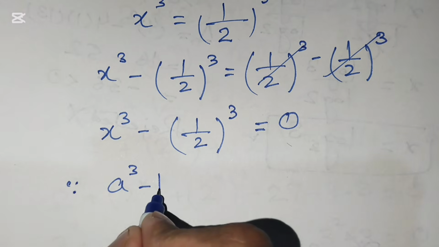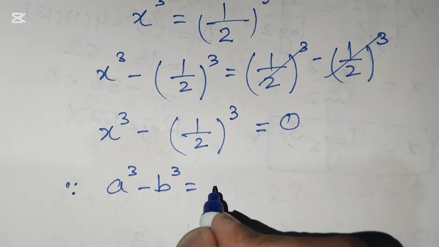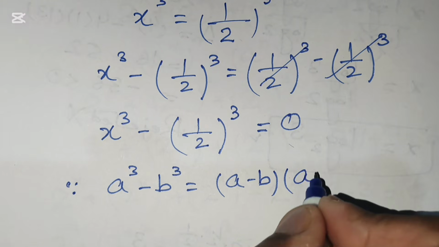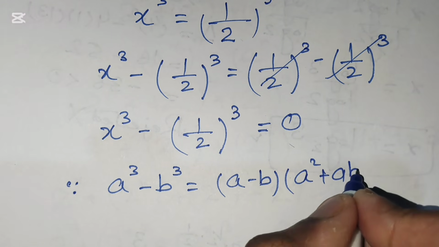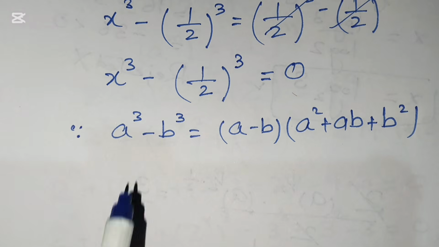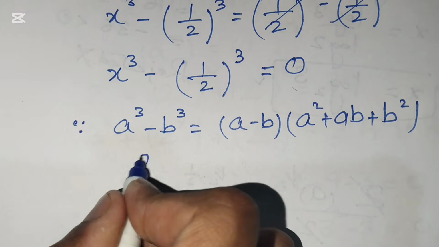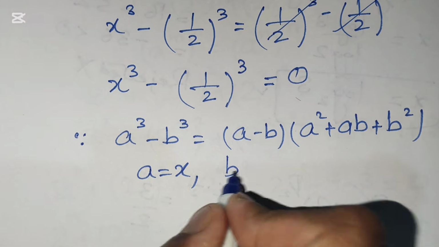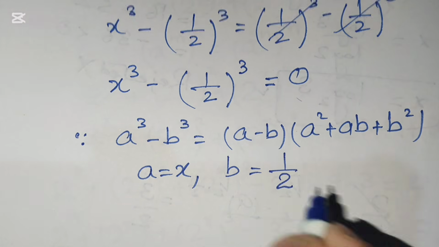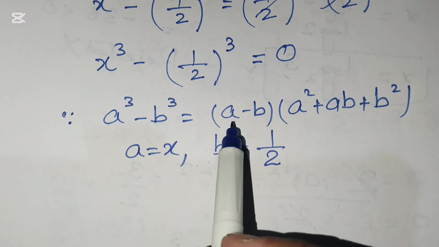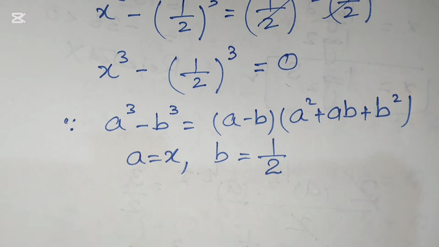We know that a cube minus b cube is equal to (a minus b)(a square plus ab plus b square). Here in our case a is equal to x and b is equal to 1 over 2. So we will write this whole equation in the form of the formula.